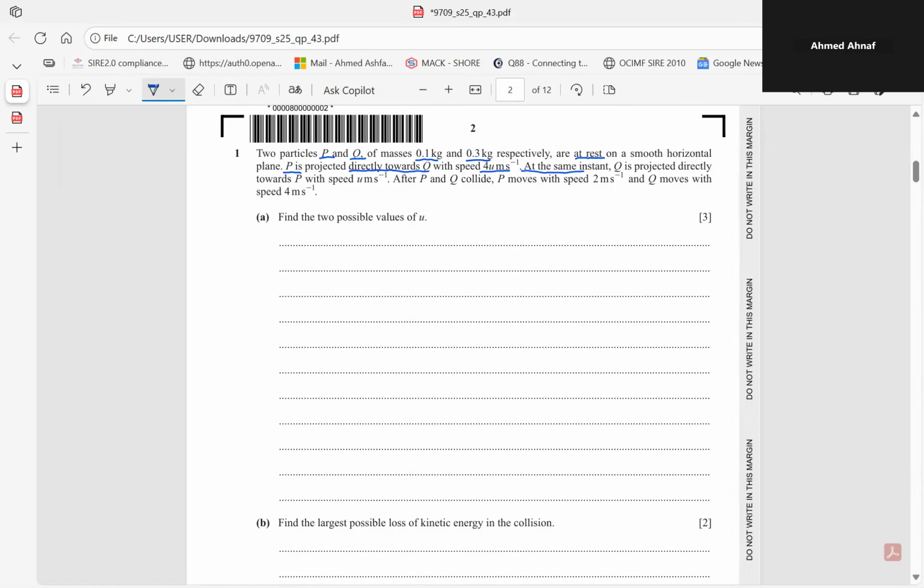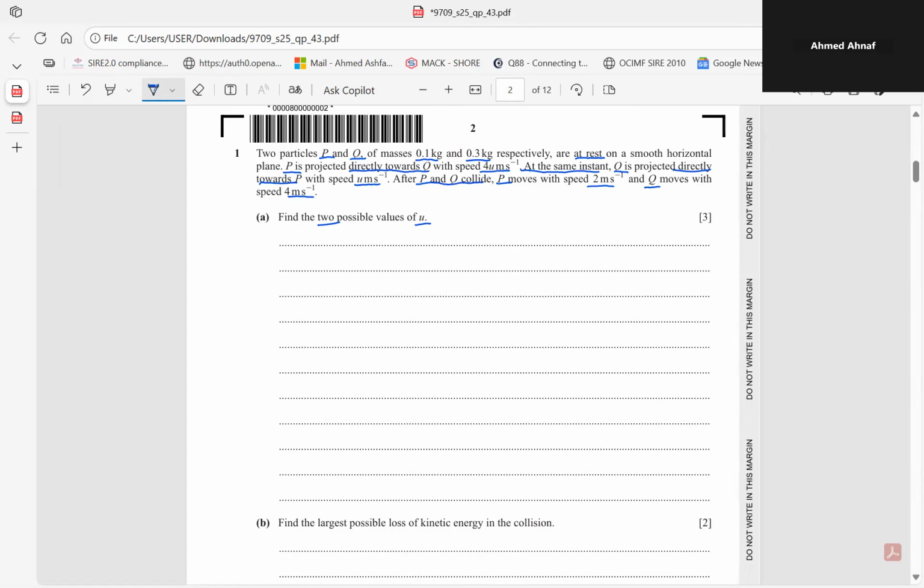At the same instant, Q is projected directly towards P with speed u meters per second. After P and Q collide, P moves with speed 2 meters per second and Q moves with speed 4 meters per second. For the first part, we have to find the two possible values of u.